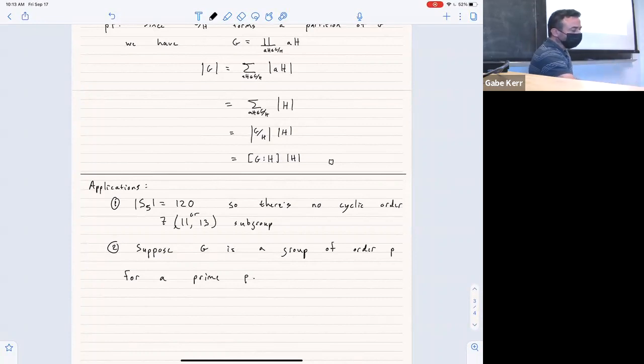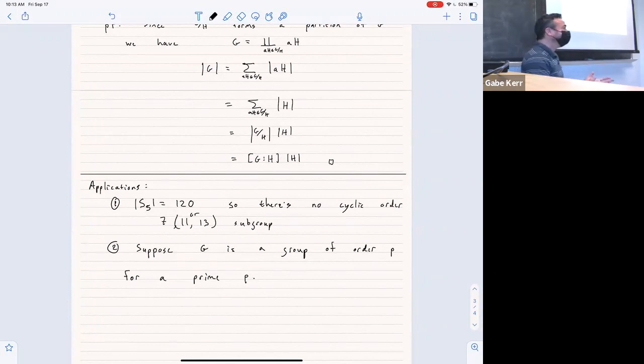Now I have a group G of order p. I take a non-trivial, non-identity element. I take all of its powers. What do I get? I have to get G. It's prime order, so I have no proper subgroups. I have to get G. So what does that tell me G is? G is cyclic.